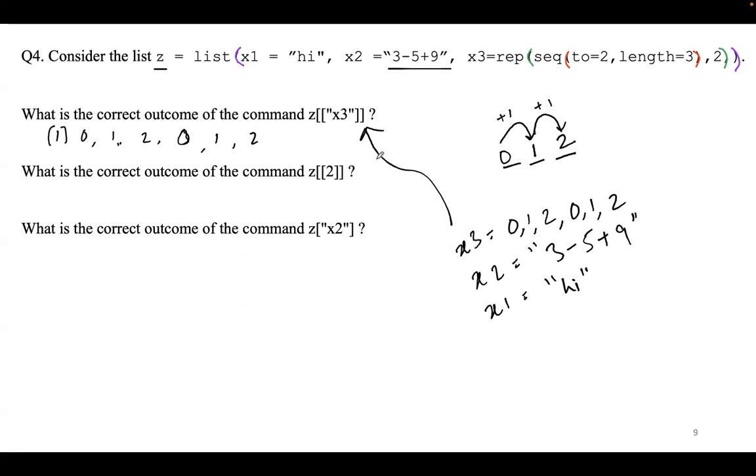Same thing. Why not 7? Because of the double quotes. It's a character, right? Yeah, that's the tricky part. So if the double quotes were not there, if it was 3 minus 5 plus 9, it would have given you 7 as the output.